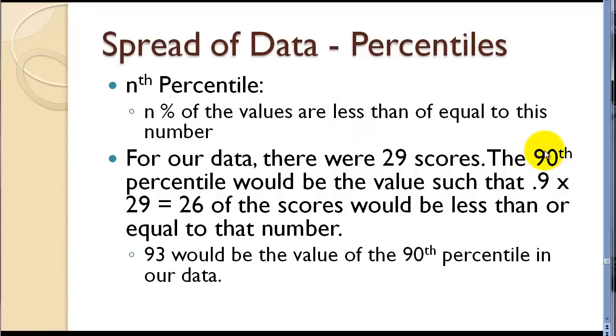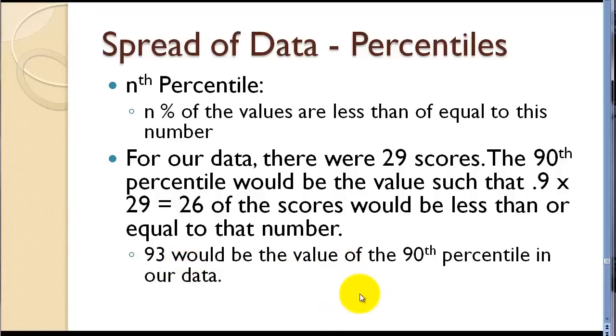So if we wanted to know what score would be the 90th percentile, there were 29 scores in the table, so 90% of 29 is approximately 26, so we would be looking in our ordered list of data at the place where there would be 26 scores less than or equal to a particular number, and that came out to be 93 in our data. Again, you have to use your ordered list of numbers.